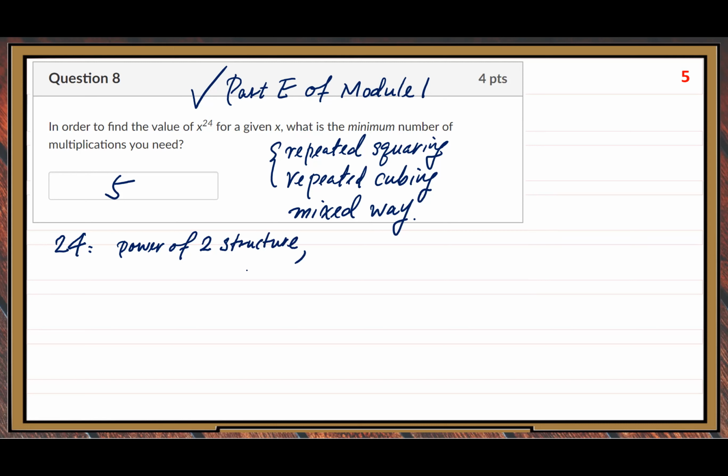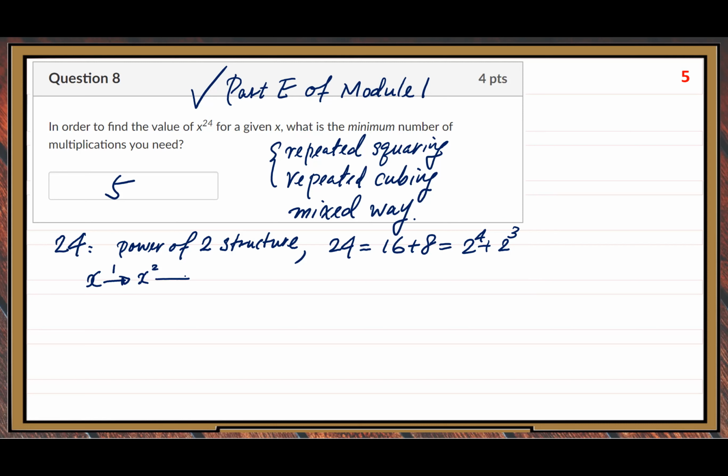We can easily identify that we can use powers of 2, because 24 equals 16 plus 8. 16 is 2 to the 4th, and 8 is 2 cubed. With this power of 2 structure, we start with x. First multiplication, we get x squared.